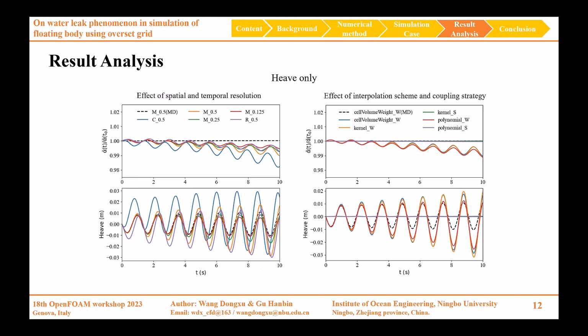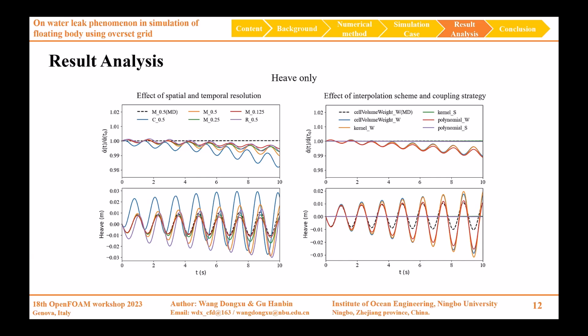So in my opinion, the water leak phenomenon may consist of two stages. The first is the move of the static box. I'm not sure, but the start of the motion of the box may be the start of the water leak phenomenon.